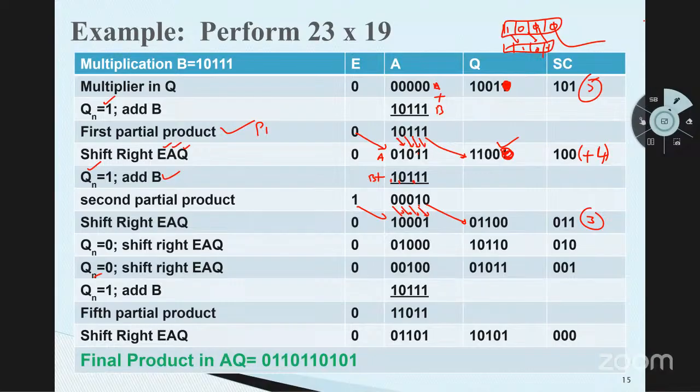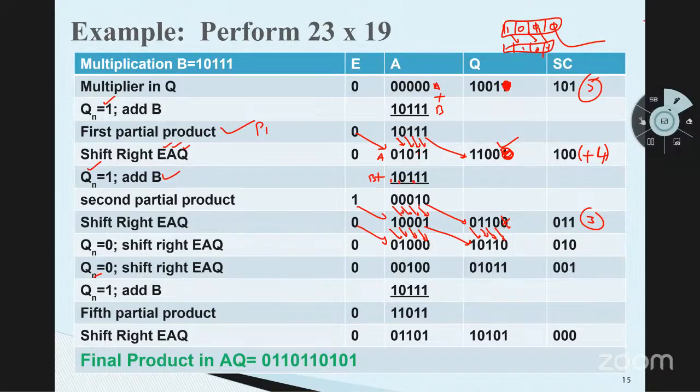Next, again check the Qn. What is the Qn value now? What is the Qn value in this row? 0. So 0 means what to do? No need to add, simply right shift. This can be removed, right?